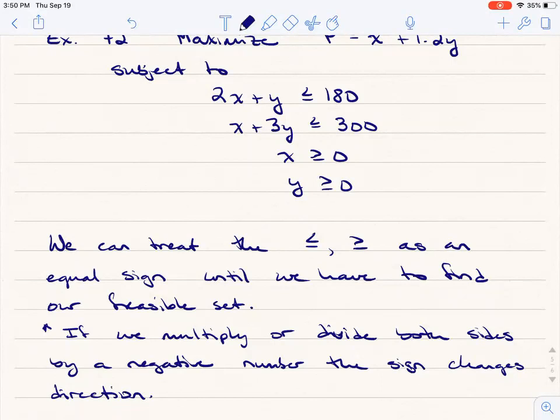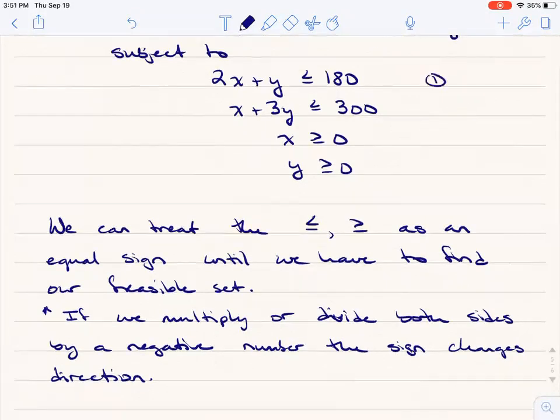You could leave it like that and skip this step, but I won't. The first thing that I'm going to do is rewrite the first two equations to be in the form of y equals mx plus b. I'll call this equation 1 and this equation 2.